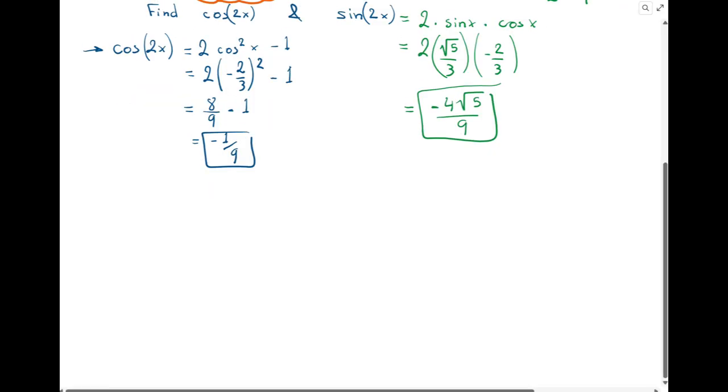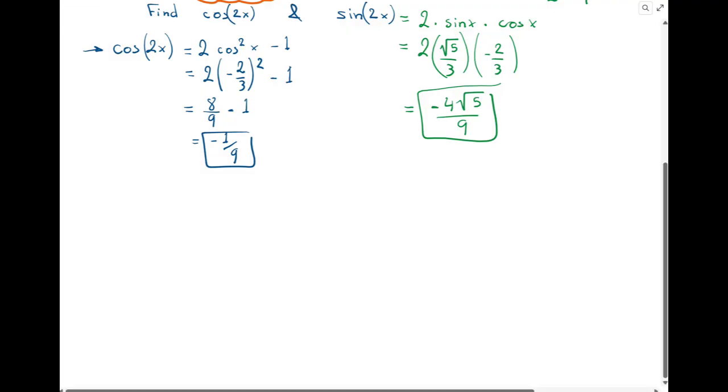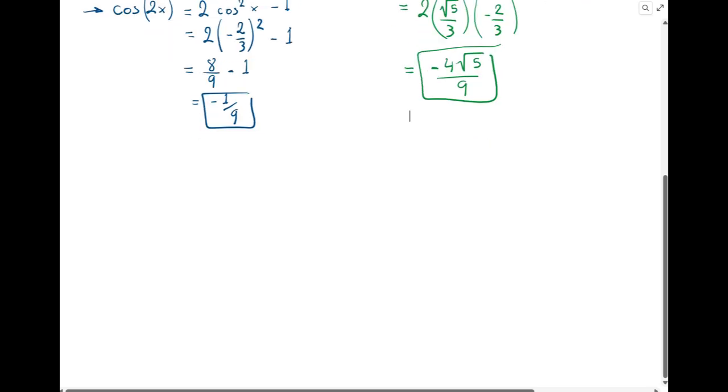All right, first example done. Let's go to another one. Let's just do this one now. Example 2. Let's not make it too spicy.